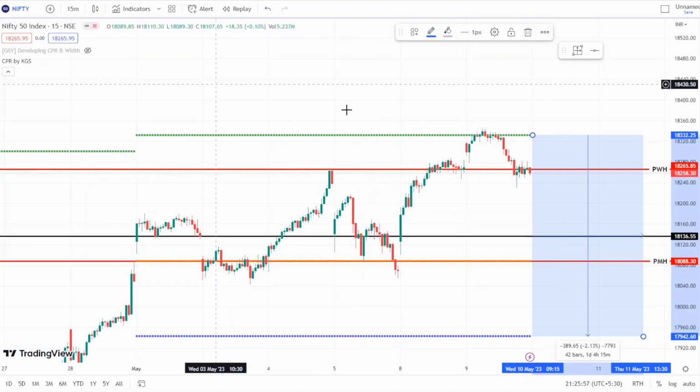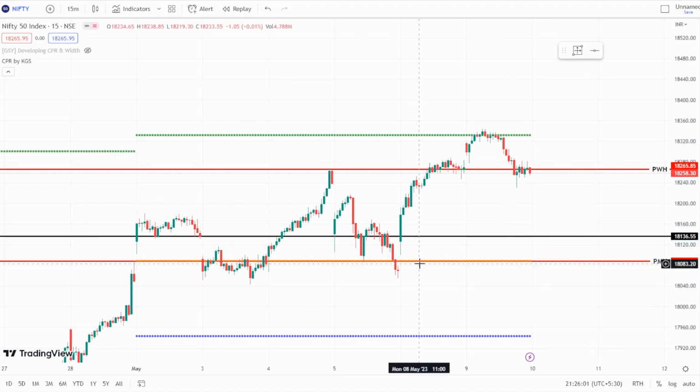The reason is basically this can act as a support in maybe this week's trading session or in this month series as well, because it is the 50% of R1 and monthly CPR. So 18,136 can act as a very good support.